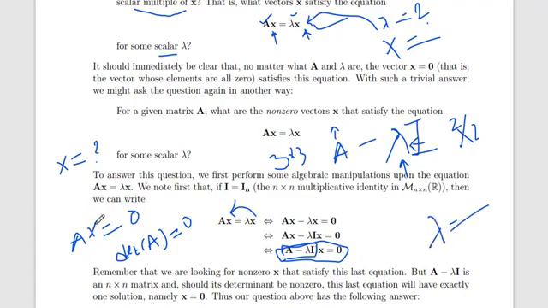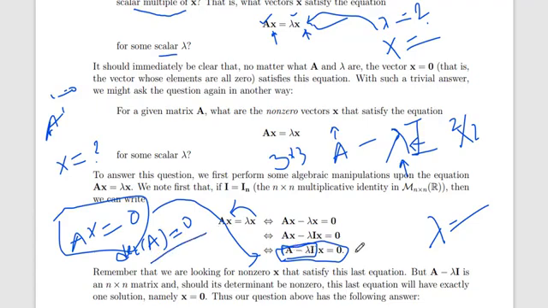Here the matrix is A minus lambda I, so the determinant of A minus lambda I has to become 0 so that we can find the value of x. After finding lambda, we can find the value of the eigenvector x.